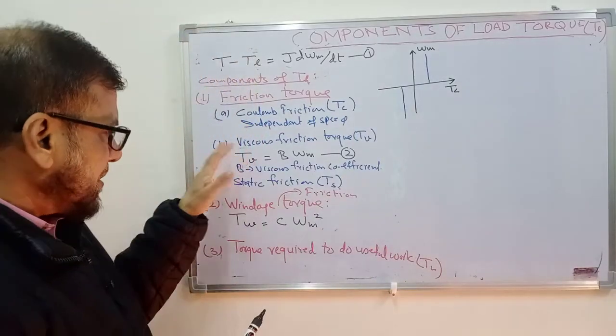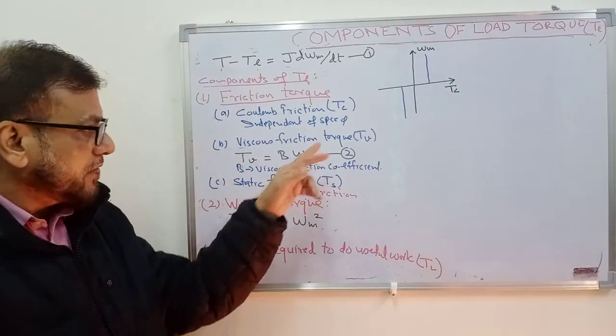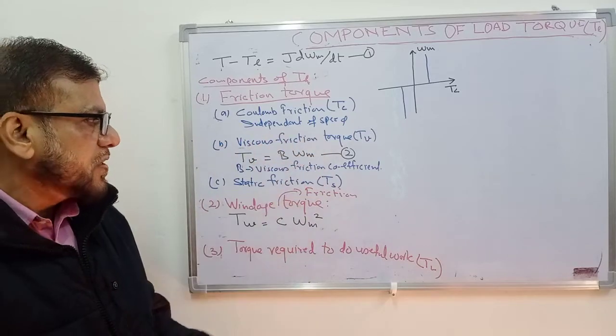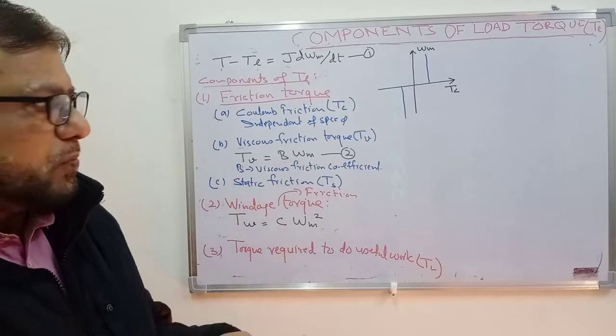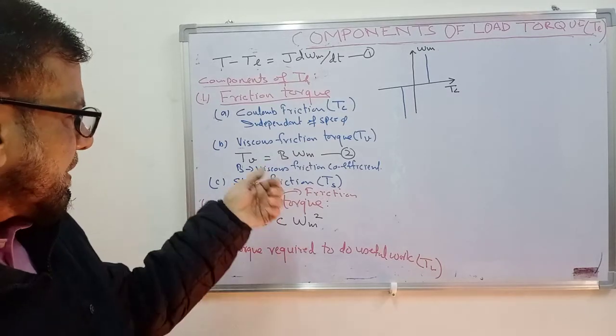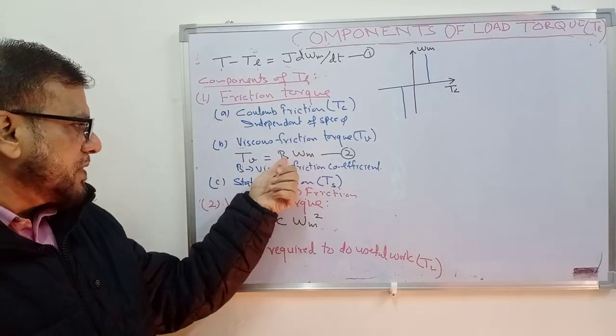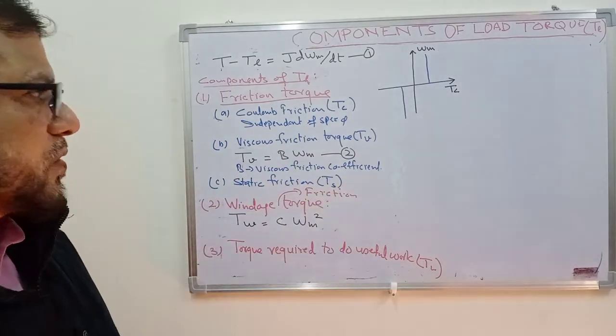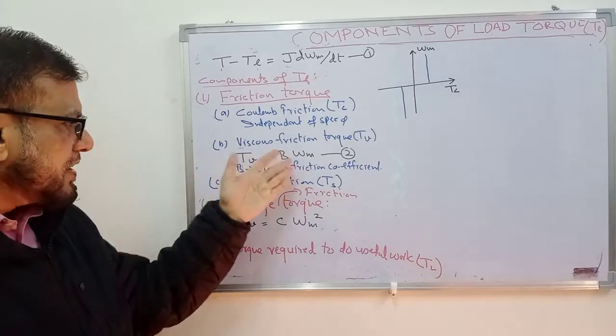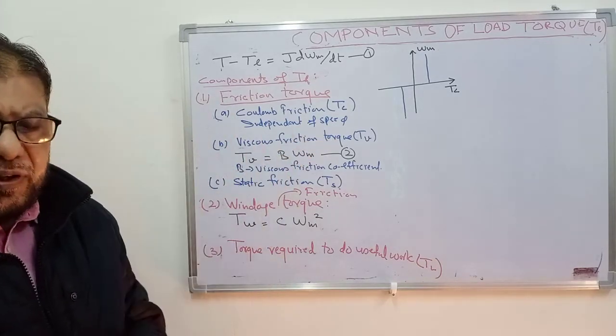The second and the major component of the friction torque is the viscous friction torque, and this torque will be proportional to speed of the motor. Tb is equal to B times omega m. B is a constant that will be called as viscous friction coefficient. So as you see, it is linearly dependent on the speed.